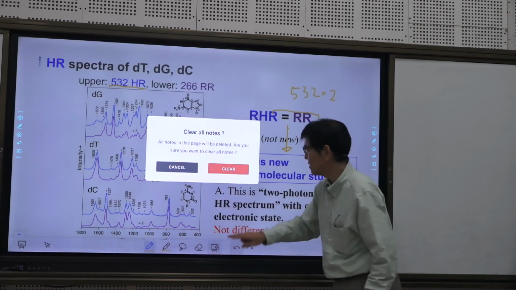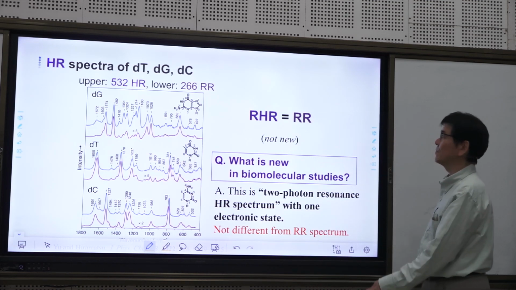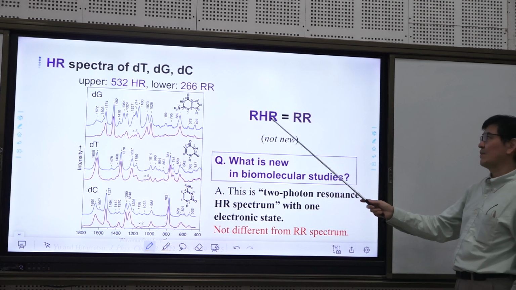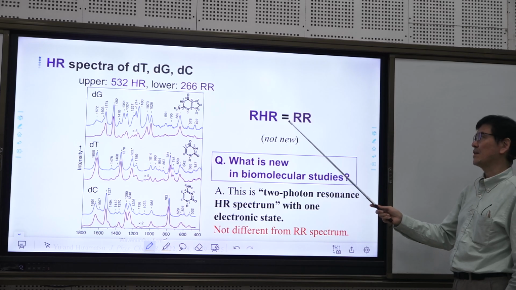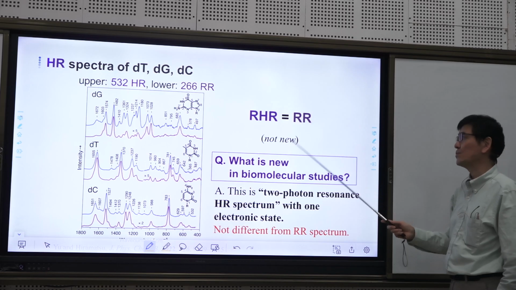Okay, so briefly speaking, the resonance hyper-Raman spectrum is again identical to the resonance Raman spectrum, not new.